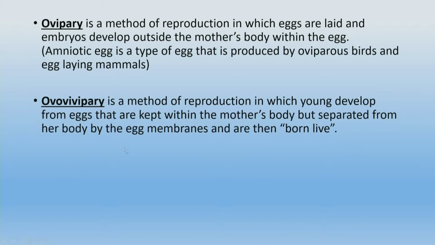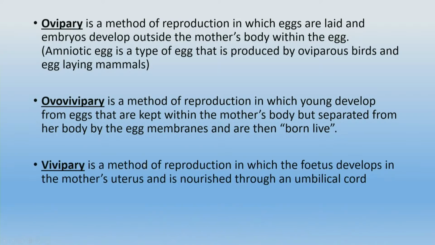Let me skip the second one and move to the third one, which is viviparity. It is a method of reproduction in which the fetus develops in the mother's uterus and is nourished through an umbilical cord. I know that you don't have a problem with this one. Let us go back to the second one, ovoviviparity.